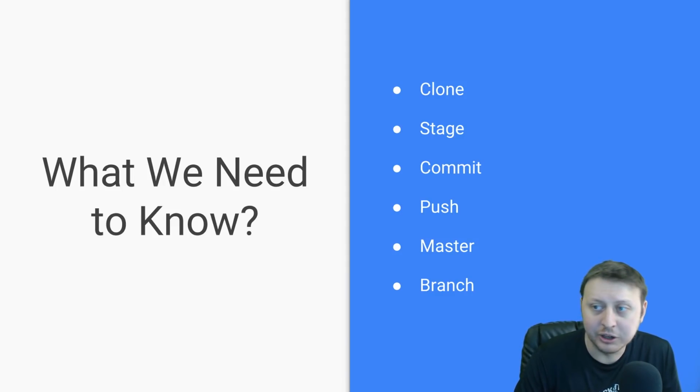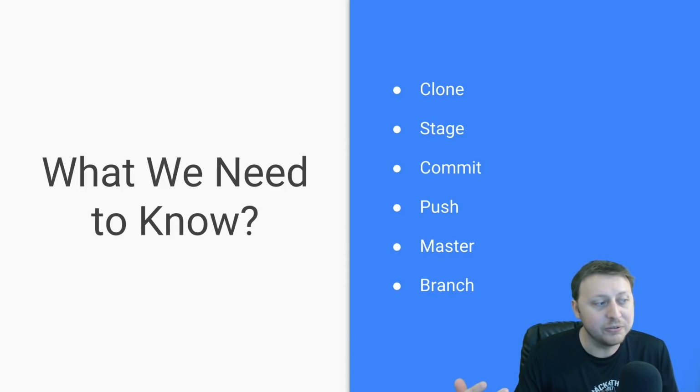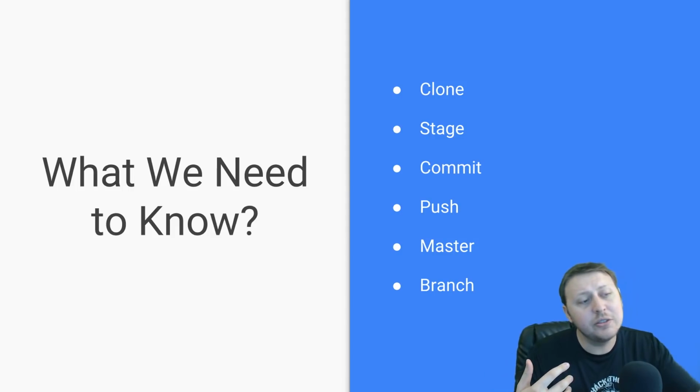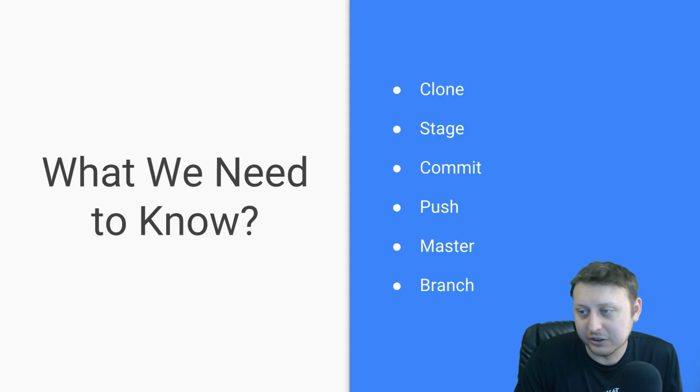So we're going to talk about cloning, what that is, what it means to stage, what a commit is, what it means to push our code, the difference between the master branch and a different branch. These are all topics we're going to talk about, and hopefully demystify a little bit of the coding. Even these terms alone are very strange, right?